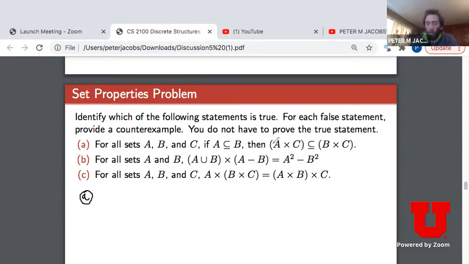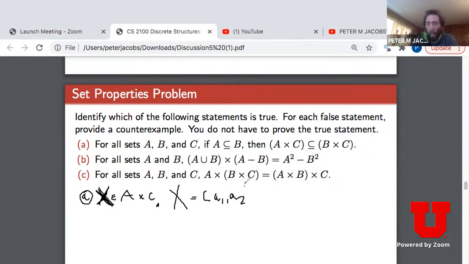So let's take an element that's in A cross C. Let X be in A cross C. What that means is that, since X is in A cross C, X is equal to (A1, A2).